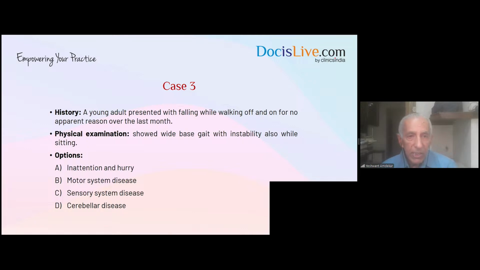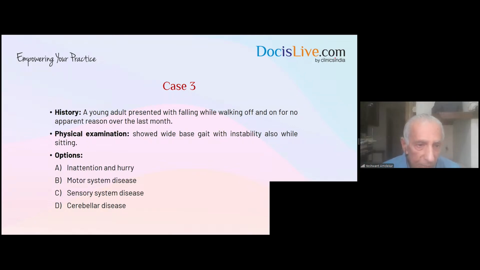His legs are wide apart when he's walking, which means that he has to keep his legs apart to keep his balance or a center of gravity. The way you walk on a ship which is moving, you keep your legs a little away from each other to keep your balance. And he's walking with that kind of wide base gait.